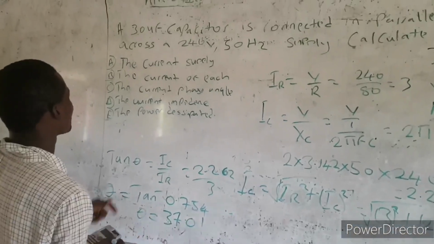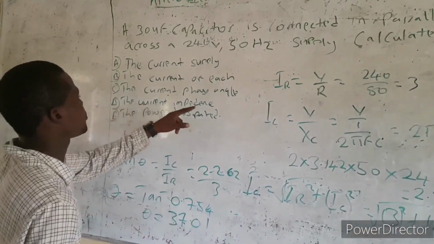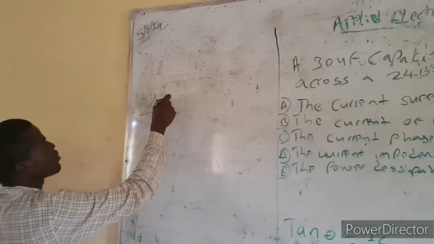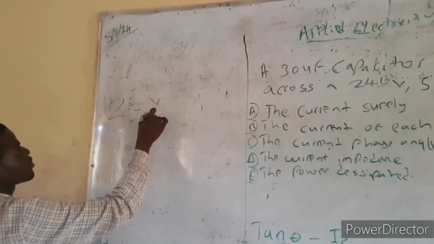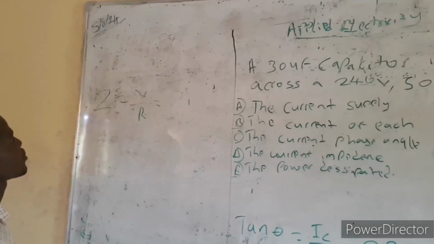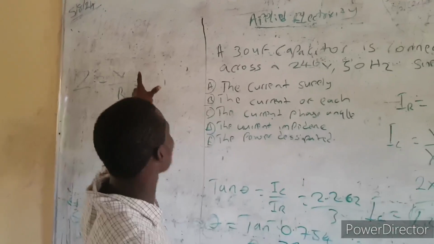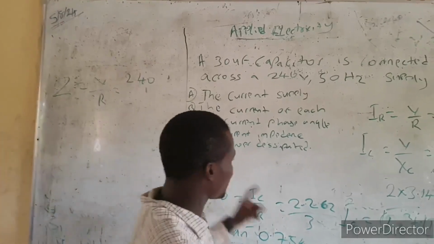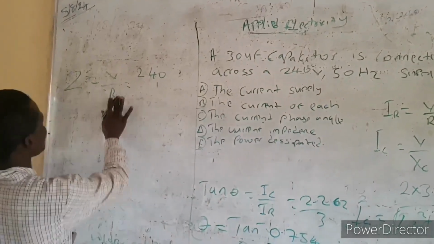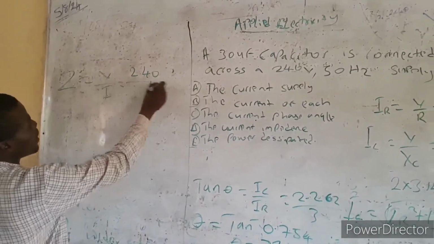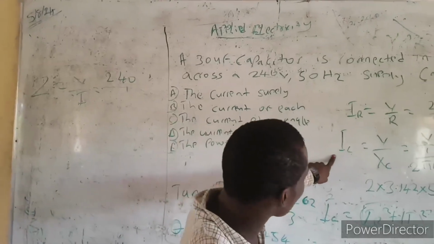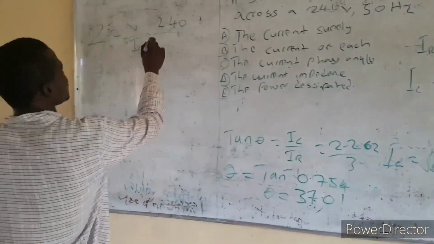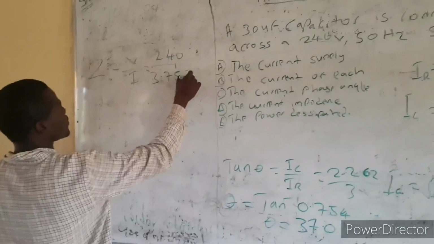Now we have to solve for the circuit impedance. The impedance, which is Z, is equal to V over I. Sorry, not V over R, V over I. Our V is 240 volts, and our I is 3.757.